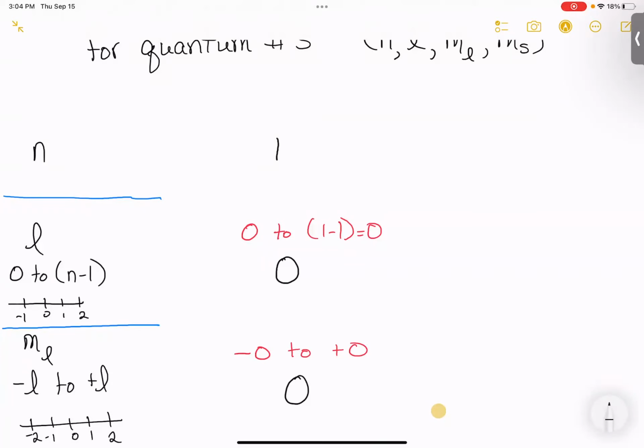Applying all of our definitions, you have a 1, the electron is in the first shell away from the nucleus.